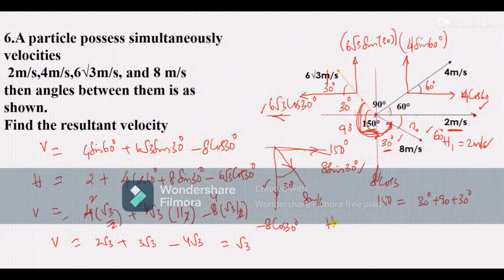Similarly, we solve for the horizontal side. 2 plus 4 into half, because cos 60 is half, plus 8 sin 30, which is 8 into half, minus 6 root 3 cos 30, where cos 30 is root 3 by 2. So this turns out to be minus 1.